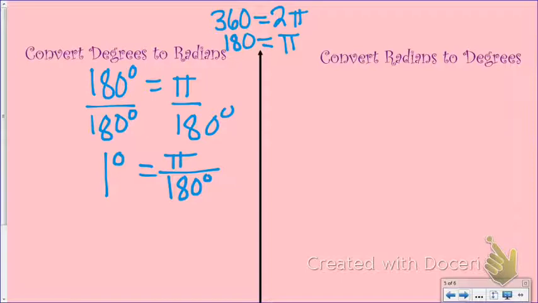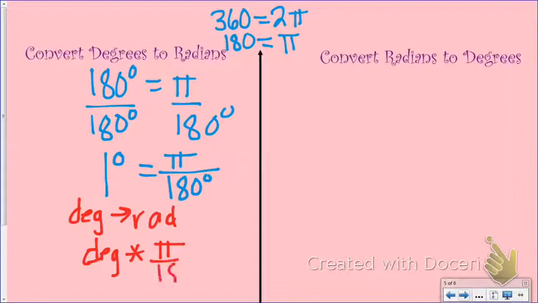So in order to convert from degrees to radians, I simply take the amount of degrees I have and I multiply that value times pi over 180. So degrees times pi over 180 will give me my equivalent radian value.